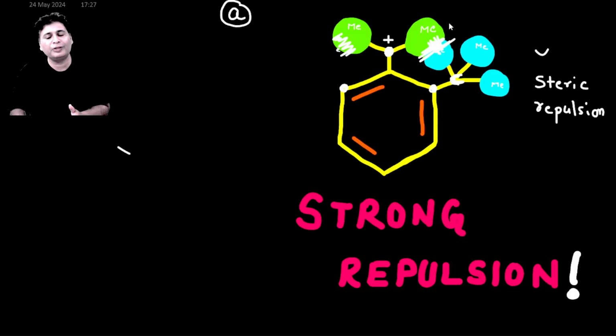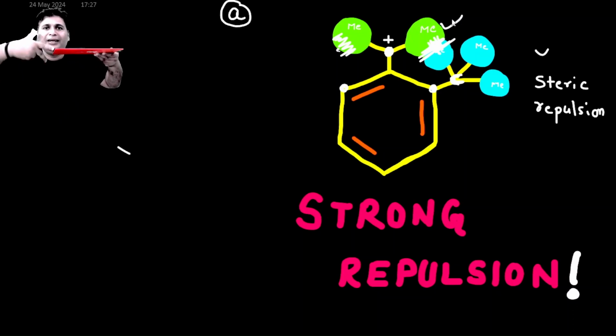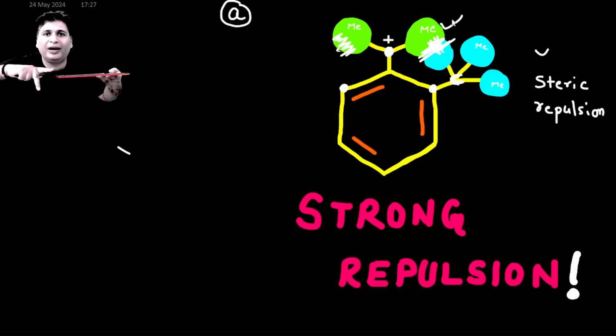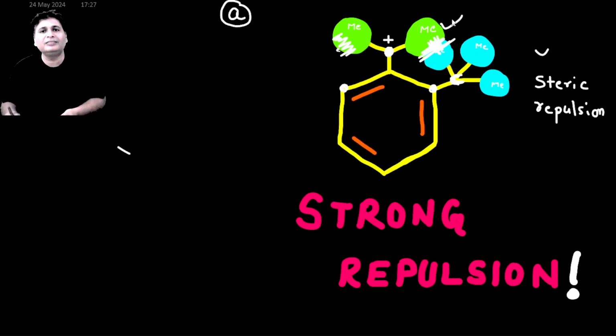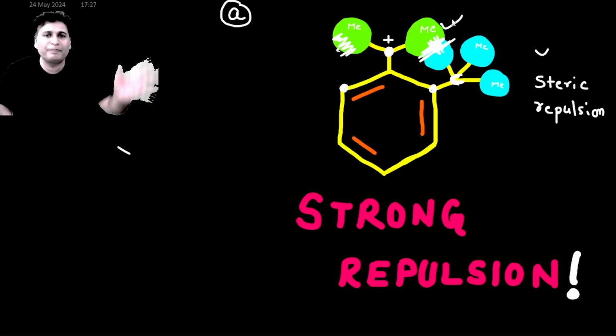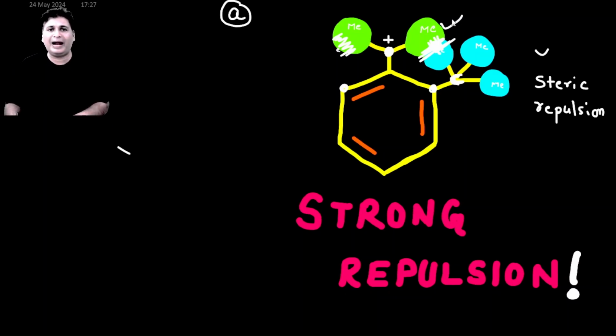So in order to reduce the problem, it will again try to go away, and as it tries to go away, there is only one possibility. It will turn like this. It will go away from planarity, and as it goes perpendicular, again the conjugation is lost, the vacant orbital becomes perpendicular to the pi system, and again there is SIR, there is no resonance because of steric issues.